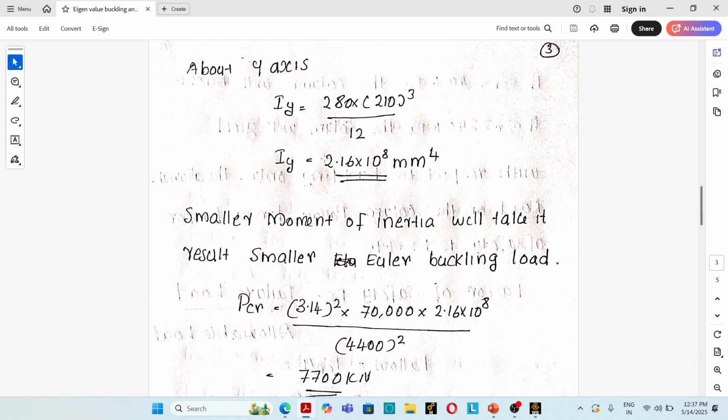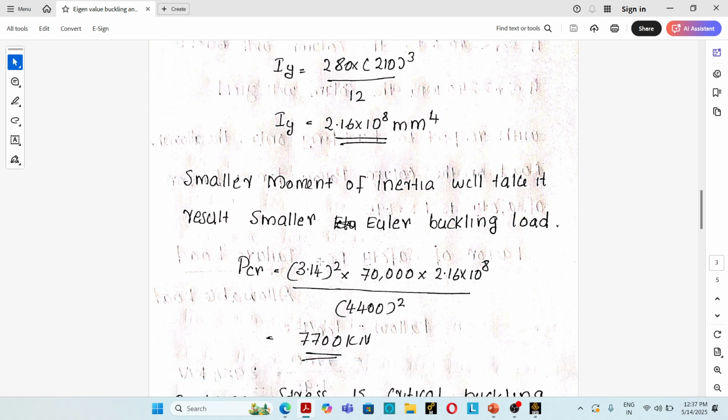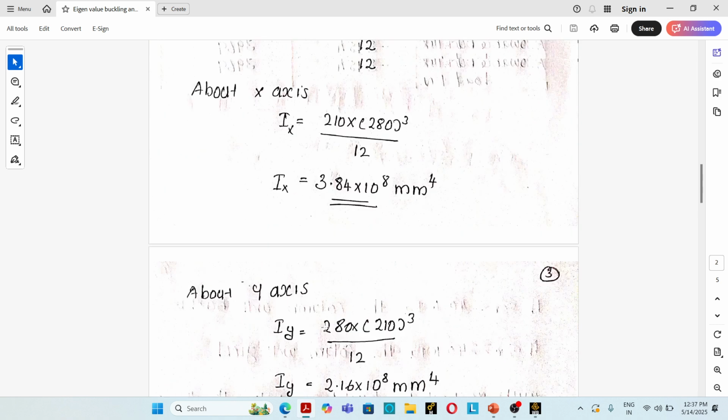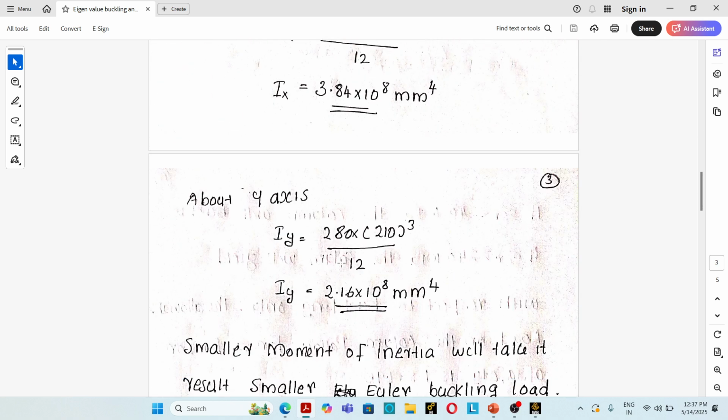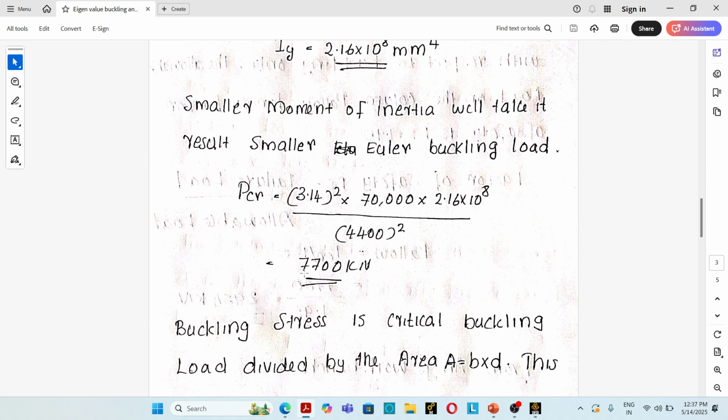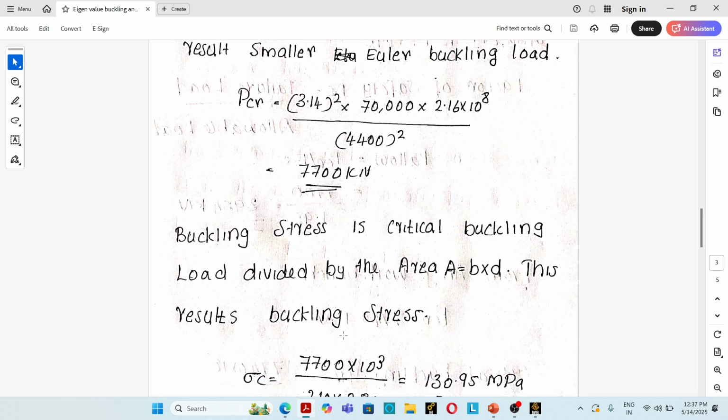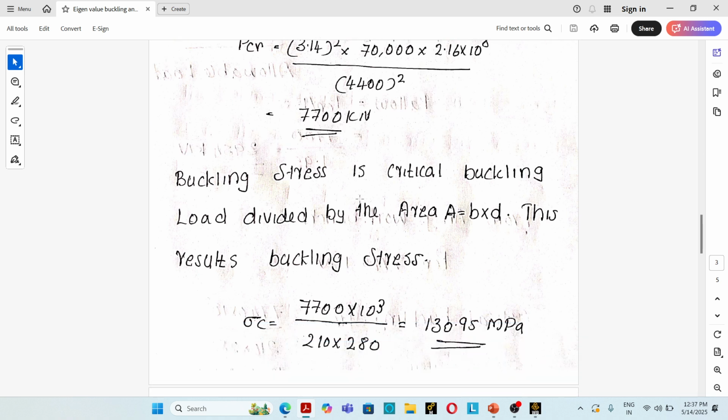So we will take the smaller moment of inertia. Then the critical load based on Euler's buckling equation, putting all the values in this equation, we have a result of 7,700 kilonewton.